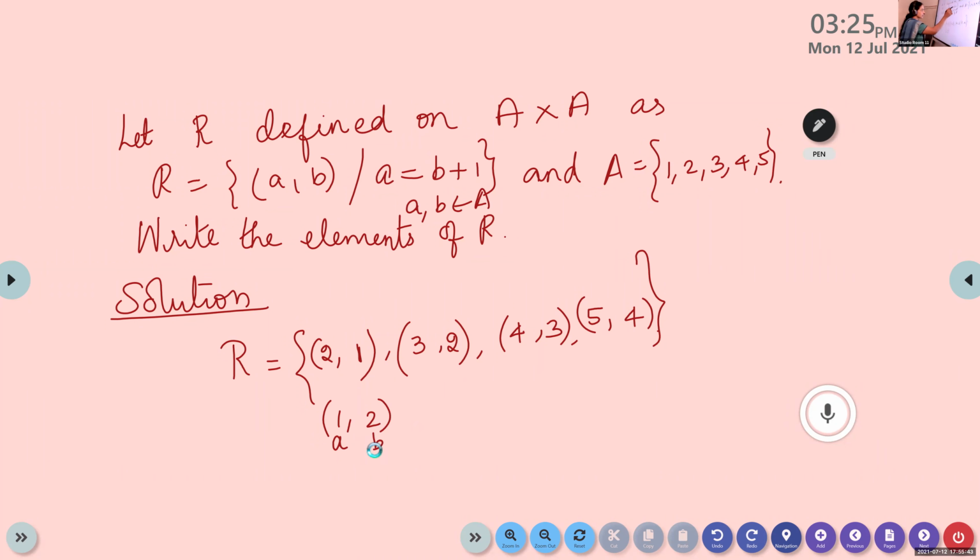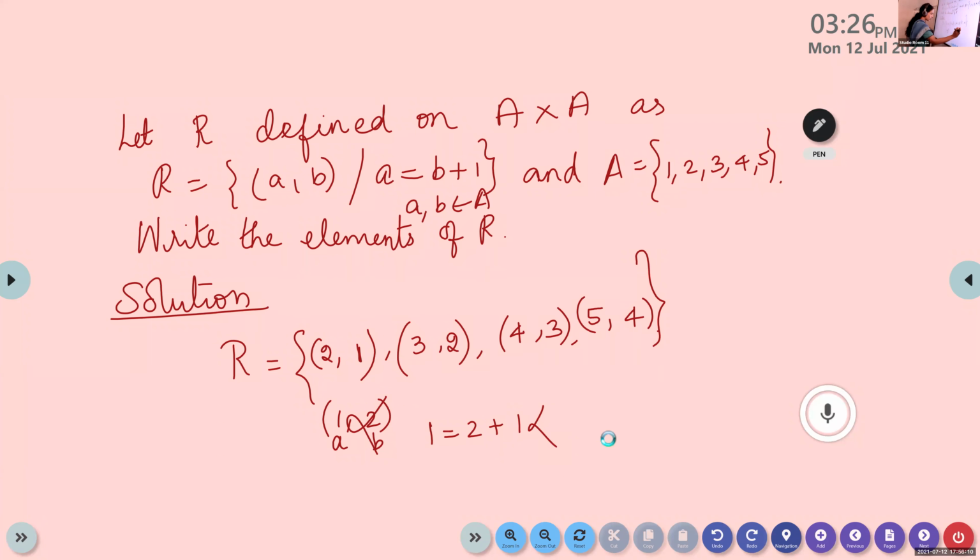It is not satisfying that relation. So 1, 2 will not belong, that's it. Is it okay, Shabri? If you take 1, 2, a is 1, b is 2. a should satisfy: 1 should be written as 2 plus 1. We will not get that.